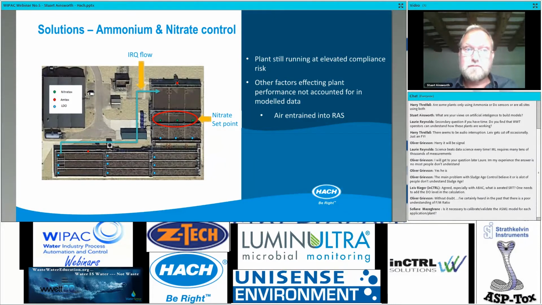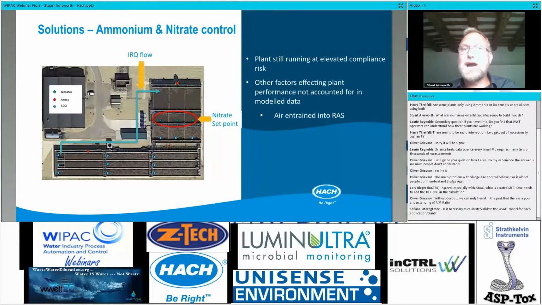What we were also able to do was run with lower DO set points at the back end of the plant. We were intensifying the treatment in the first part of the activated sludge plant to give us the freedom to run with lower DO set points at the back of the plant. That enabled us to ensure that the internal recirculation flow had low levels of dissolved oxygen, and we were maximizing the performance of the system.